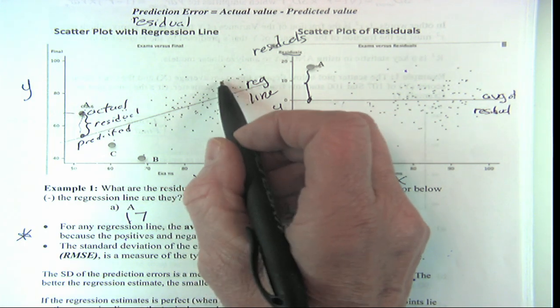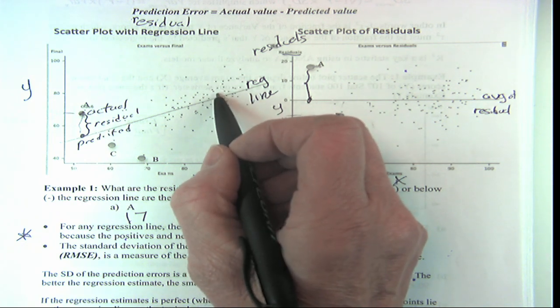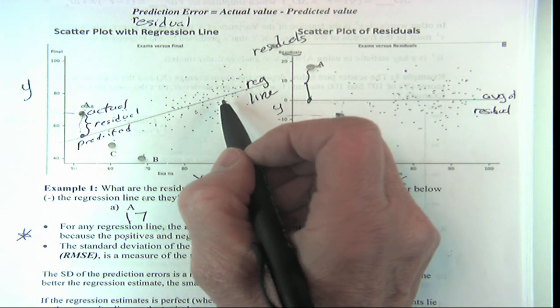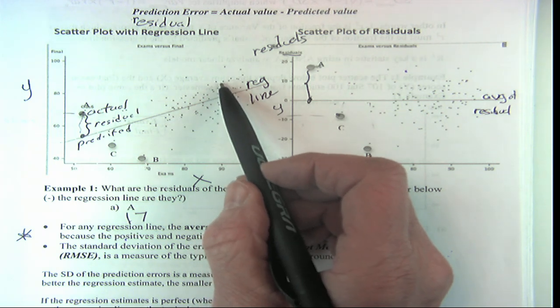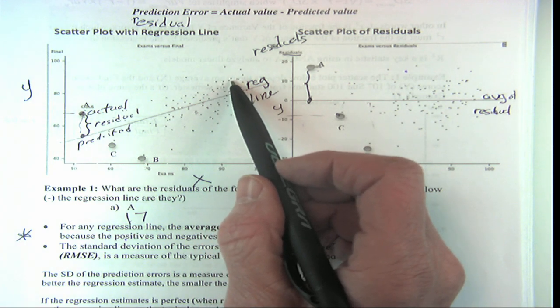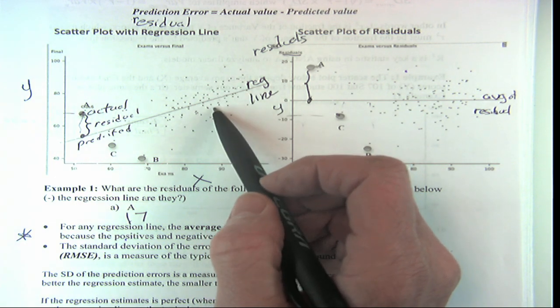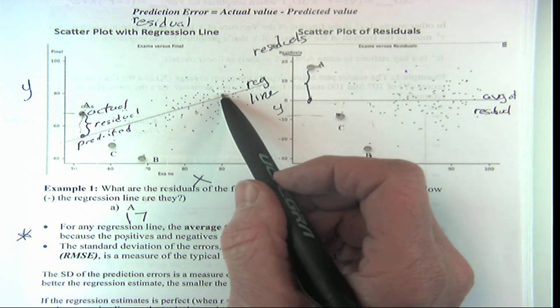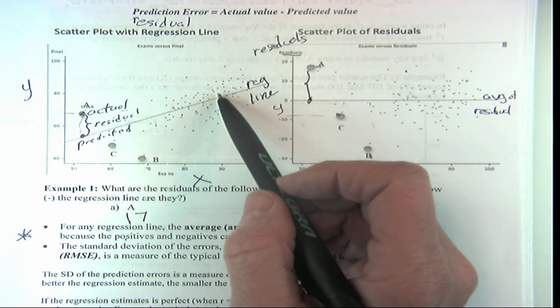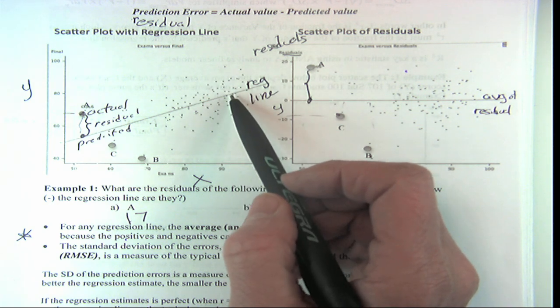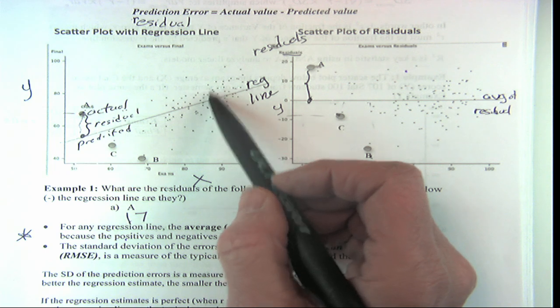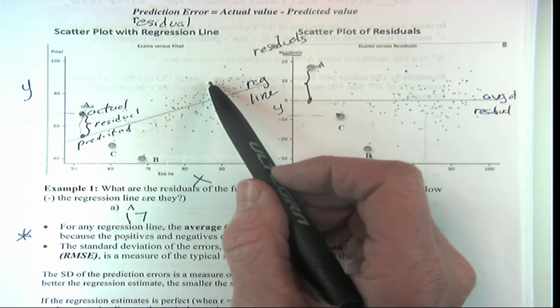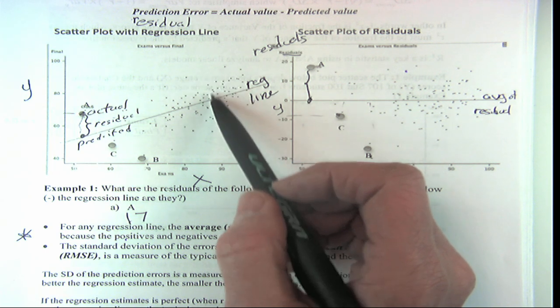Well, if we just took the average of all the residuals, we'd get 0. We could take the average of the absolute values, but we don't do that. And you've seen over and over again that it's more useful to take the standard deviation, the average deviation squared from this line.